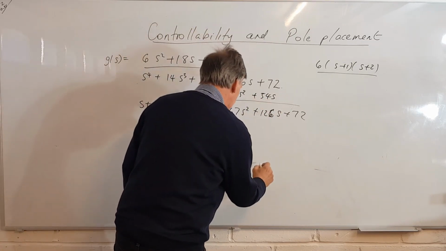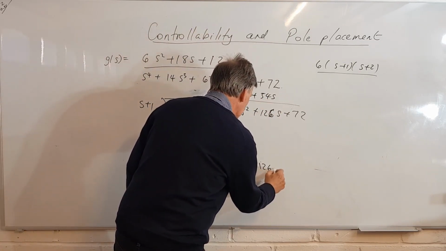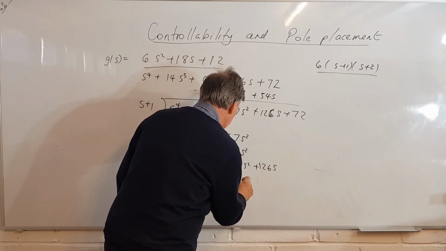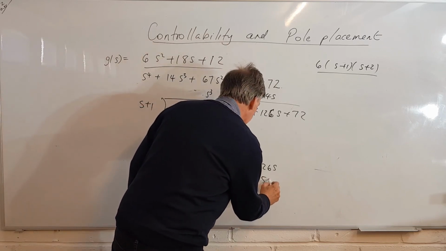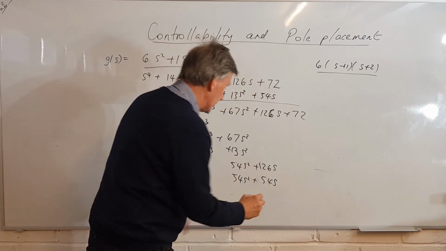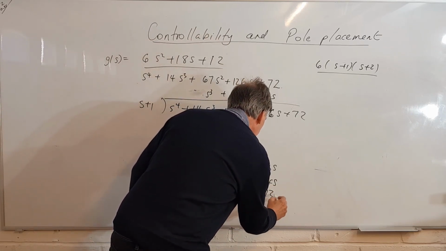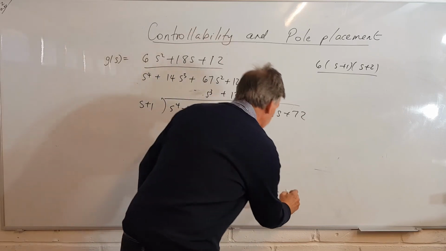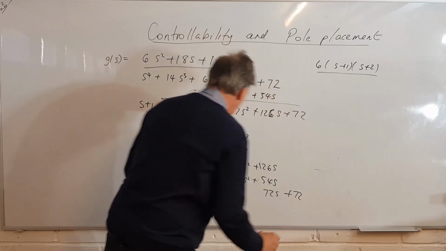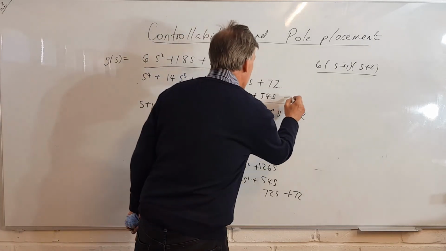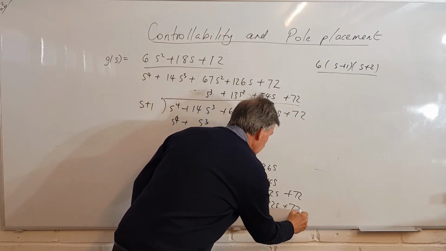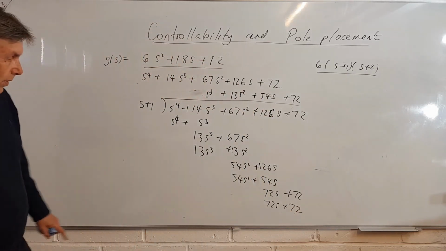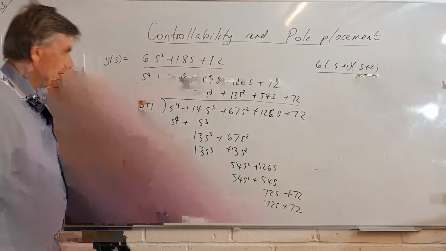So s into 54s squared goes 54s. So that can bring this one down, 126s. That gives us 54s squared plus 54s. Subtract these, and we have 72s. Bring down the 72, and this goes into this plus 72. This gives us 72s plus 72. So when these completely cancel, you know you've done it correctly.